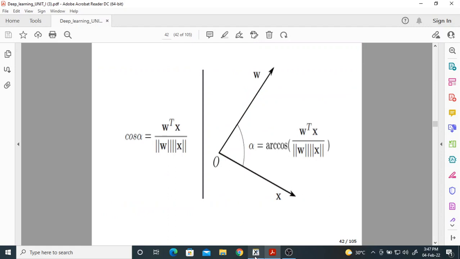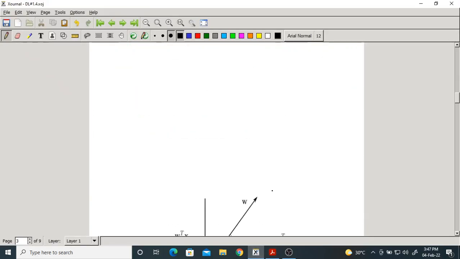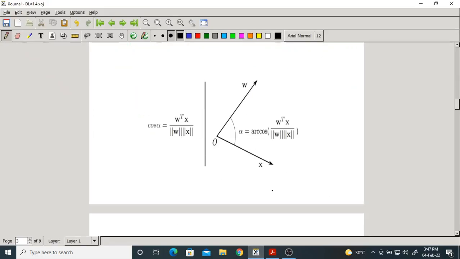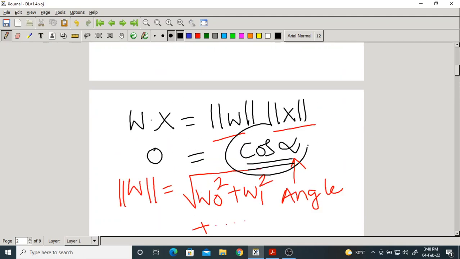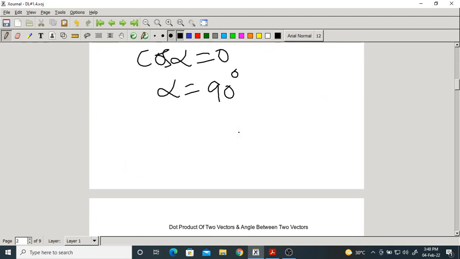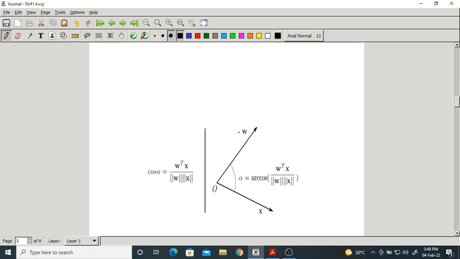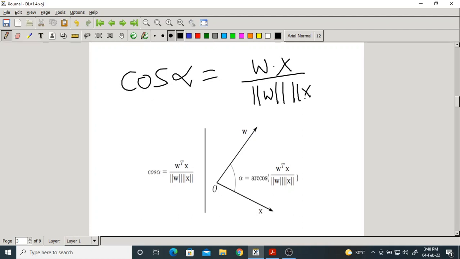So this is finally the dot product and the angle between any two vectors. From this equation, what is cos alpha? It is w dot x divided by norm w into norm x.